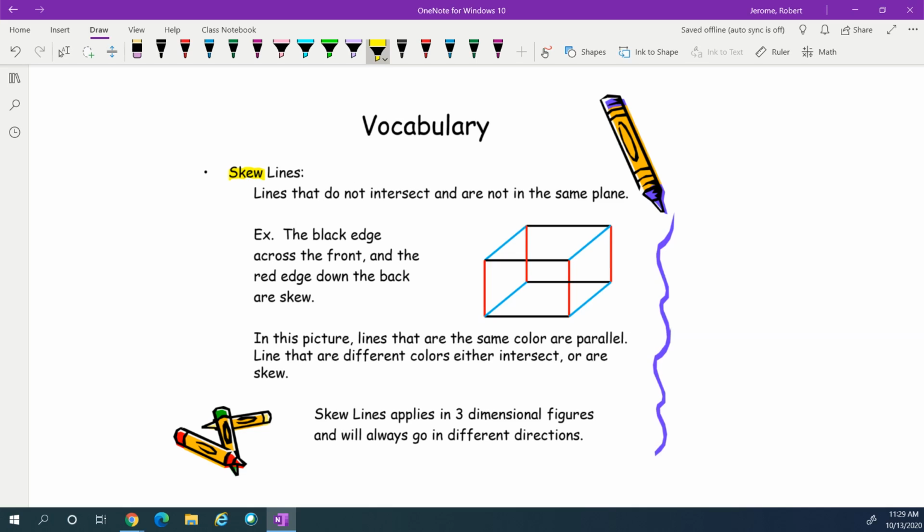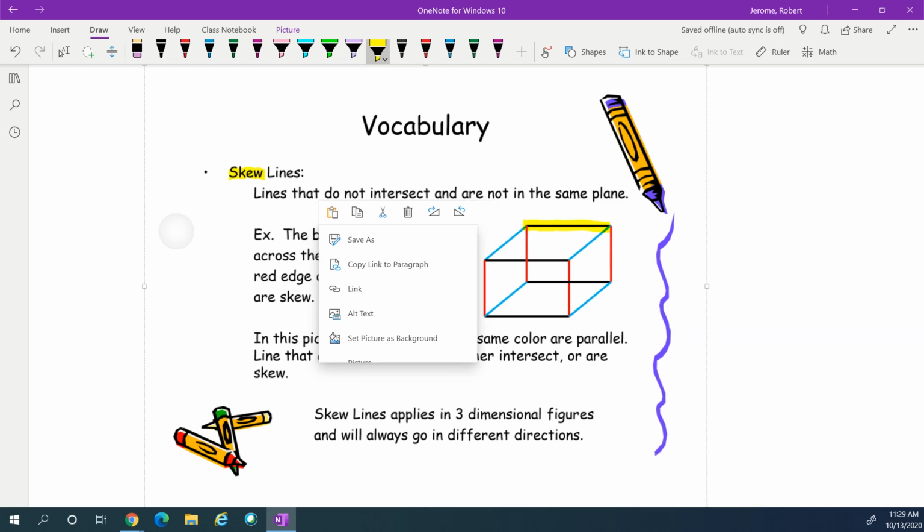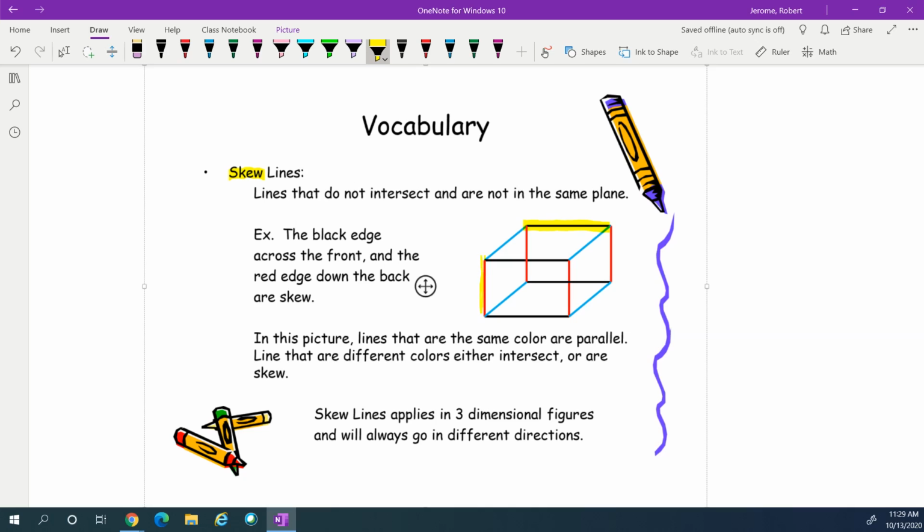If they're skew, that means they would never touch each other, but they're not parallel either. So think about the line across the back top and the vertical edge in the front. Since one is at the back of the box and one is at the front of the box, they're never going to touch each other, but they're clearly not parallel. So that's what skew means.